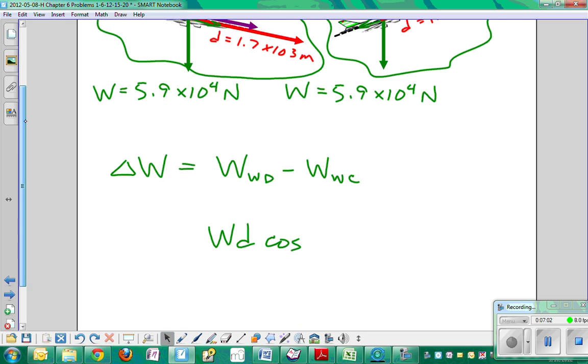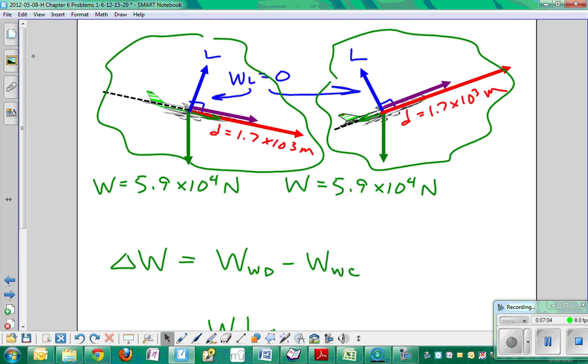Now be careful. What is the angle that we're going to be using? The angle between the force and the displacement. Here's the force that we're talking about, gravity right here.